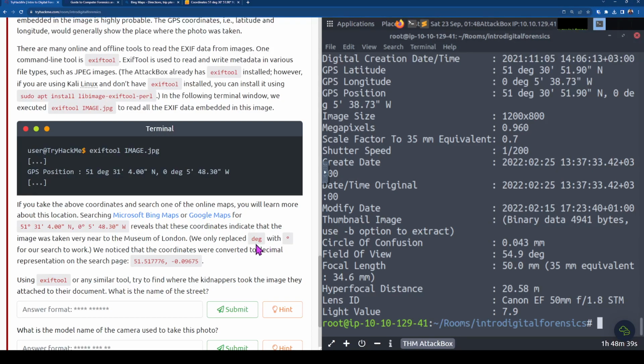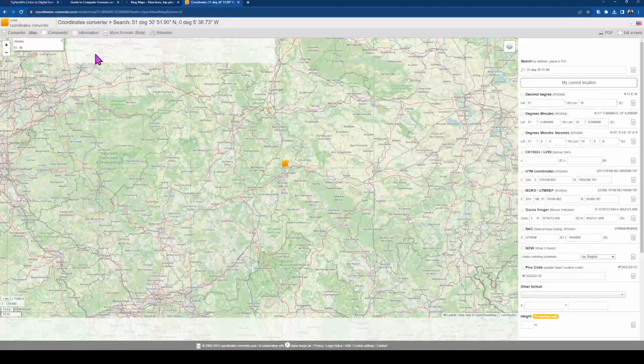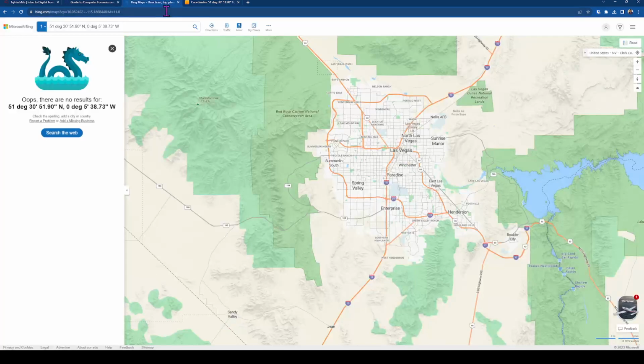We've replaced degree with, oh, okay. Let's see. I can't see if that's a space right there because that is so tiny.